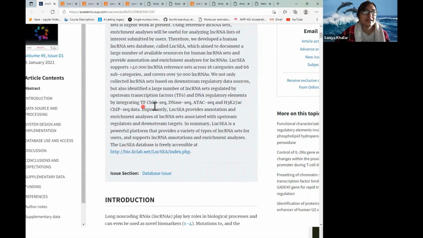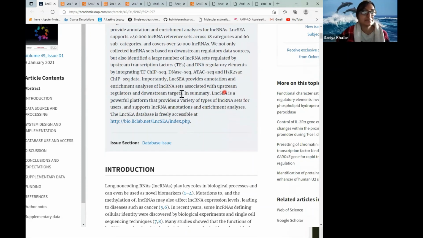DNA regulatory elements like DNase-seq, ATAC-seq, regions of open chromatin accessibility, H3K27 acetylation, so histone 3, that DNA wraps around. This is all epigenetic marks, ChIP-seq data, and it gives annotation and enrichment analysis of lncRNA sets associated with upstream regulators like transcription factors, and downstream targets. This platform provides a variety of types of lncRNA sets and supports lots of annotations and enrichment analysis.